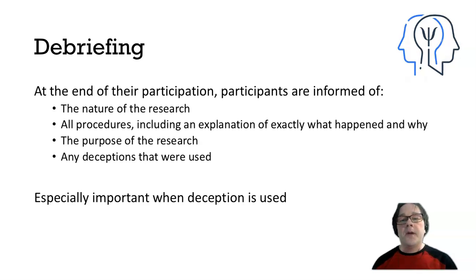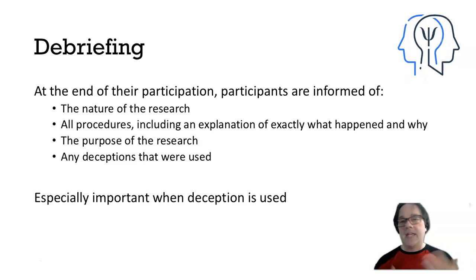Okay. Another component of the IRB process and the research process in dealing with human participants is debriefing. Informed consent occurs at the beginning of the study before you collect any data. Debriefing occurs at the end of the study, at the end of a participant's participation.